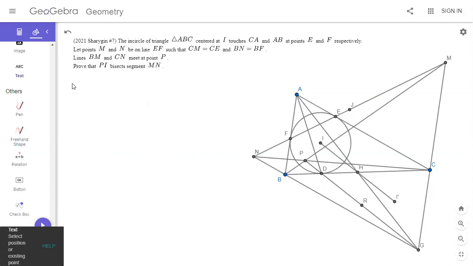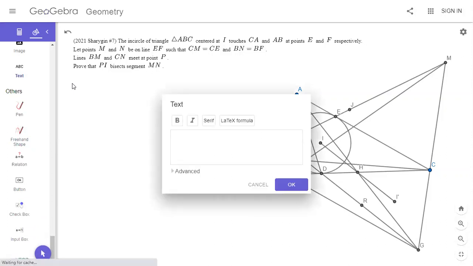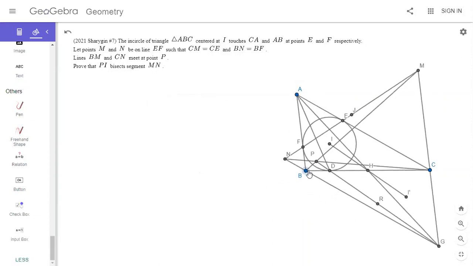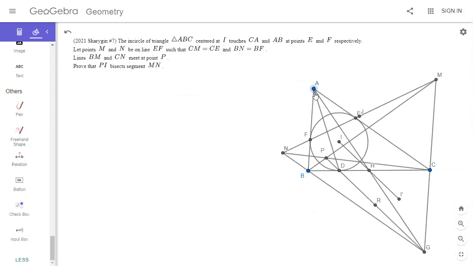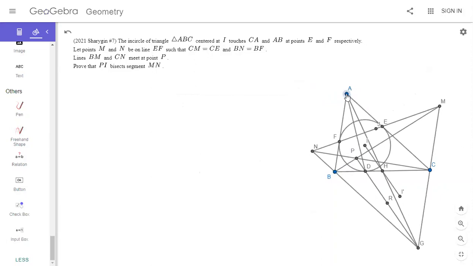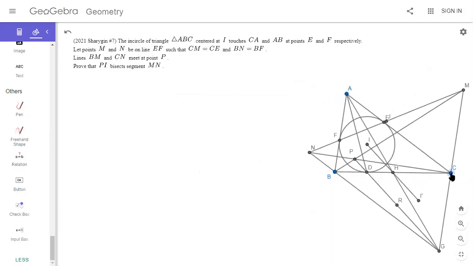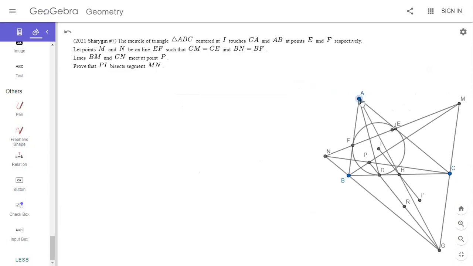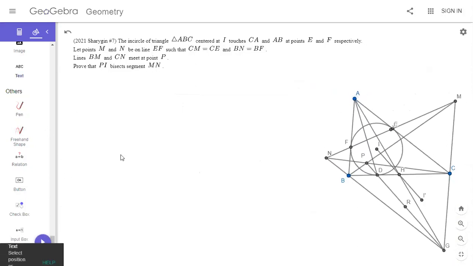The text box used to be draggable. I don't know why they changed it. But yeah, I'm just going to move this way over there so the text box doesn't cover it up. There we go.